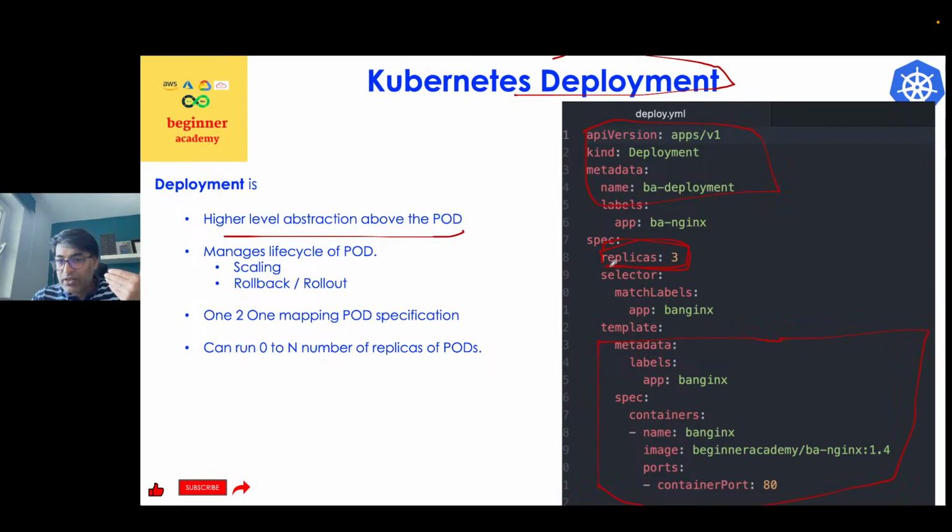After that, we are attaching a label. In the specification for this deployment, we are saying there should be three replicas, meaning rather than one pod, we should have three pods. For the selector criteria, it matches a label called app: nginx in this case.